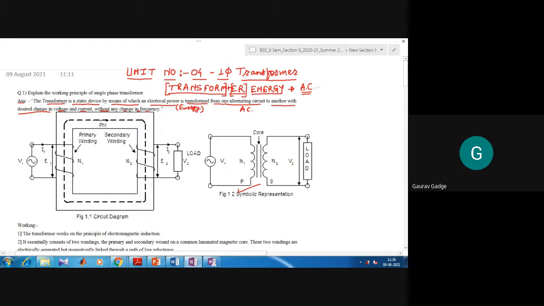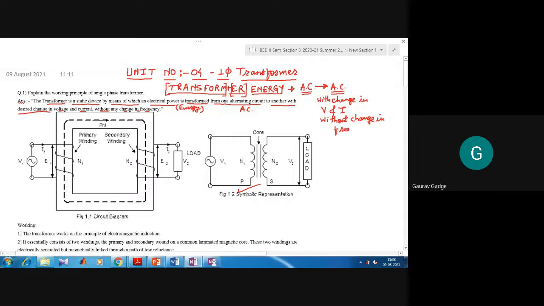So it transforms energy from one alternating circuit to another alternating circuit, with change in voltage and current, and without change in frequency.